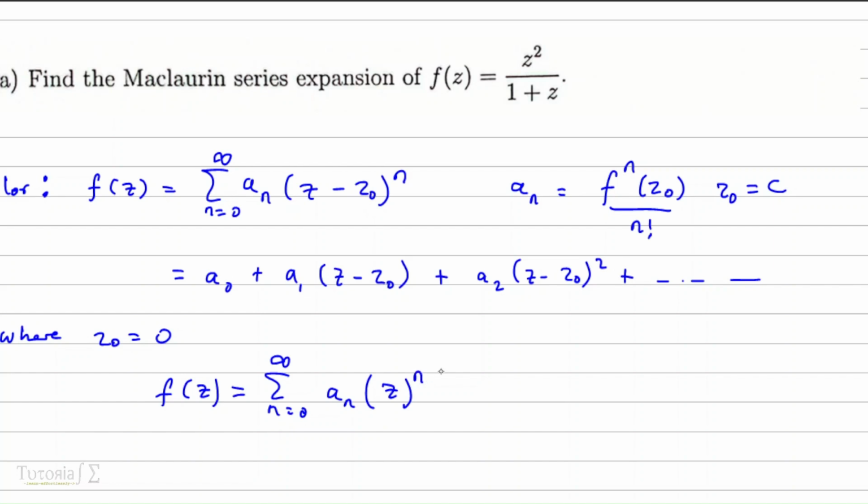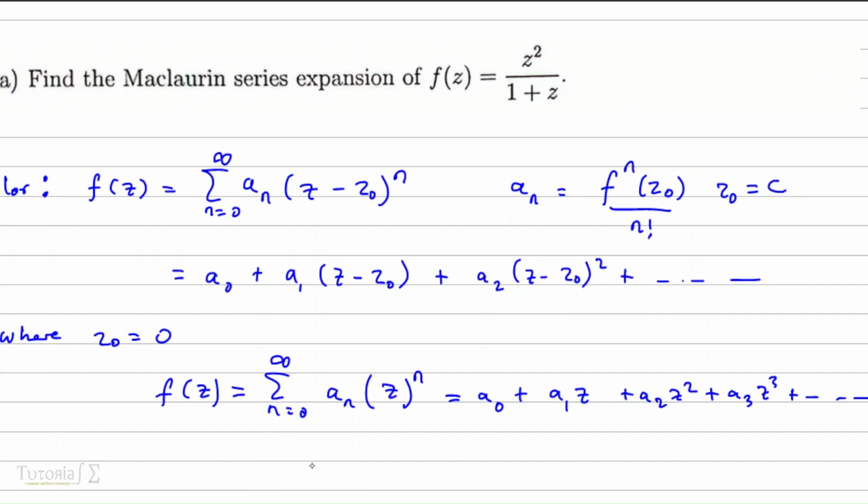And the expansion of this, when n is 0, you have a naught, plus when n is 1, you have a1 z. When n is 2, you have a2 z squared, plus a3 z cubed, plus, and so on and so forth. So this is what a Maclaurin series is.